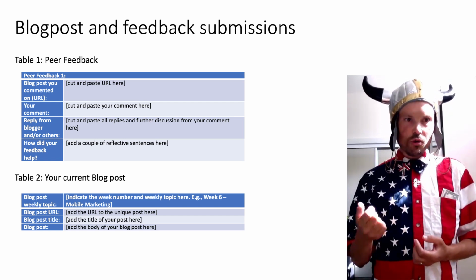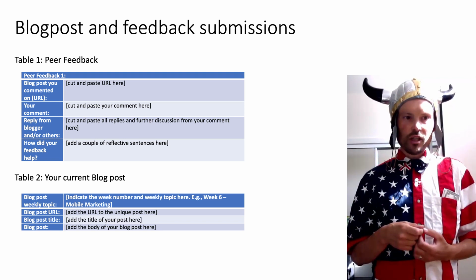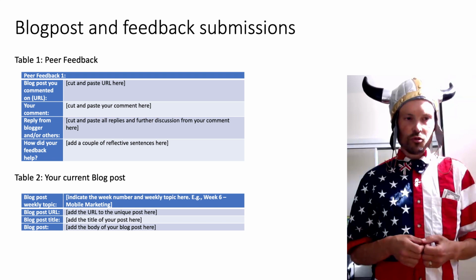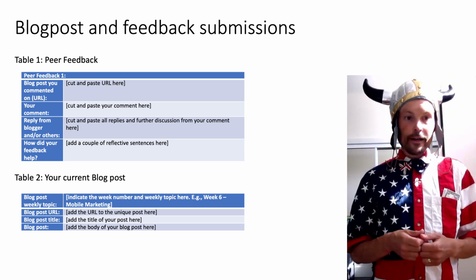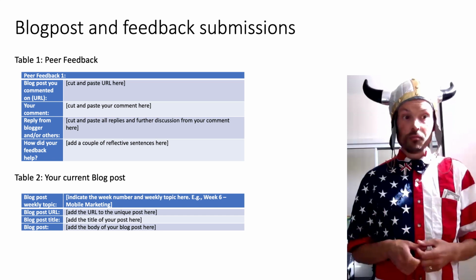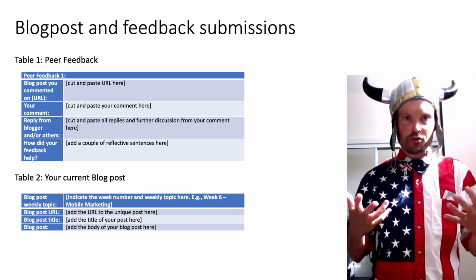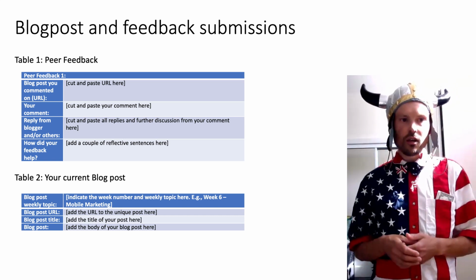What was your comment? Did the blogger respond, and if so, what was the response? Then, in one or two sentences, how do you feel your feedback helped the blogger? What was the impact of your feedback, or the discussion or exchange that you had?